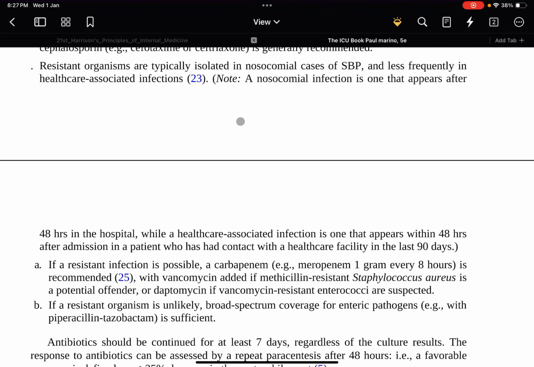So, resistant organisms are typically isolated in nosocomial cases and less frequently in healthcare associated infections. If a resistant infection is possible, a carbapenem like meropenem 1 gram every 8 hours is recommended, with vancomycin added if methicillin resistant Staphylococcus aureus is a potential offender, or daptomycin if vancomycin resistant enterococci are suspected.